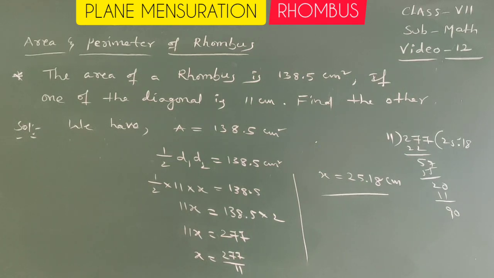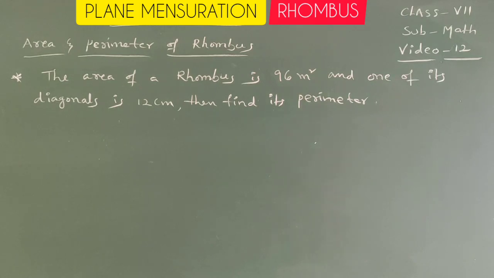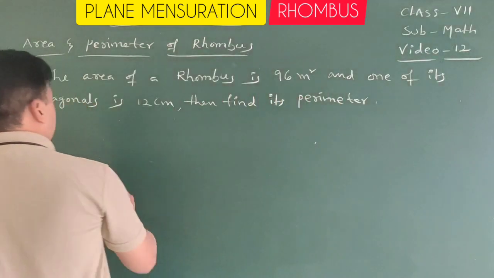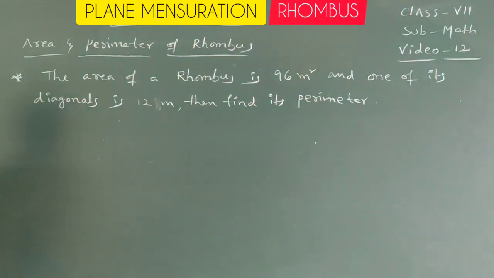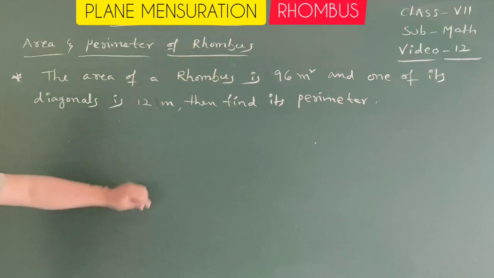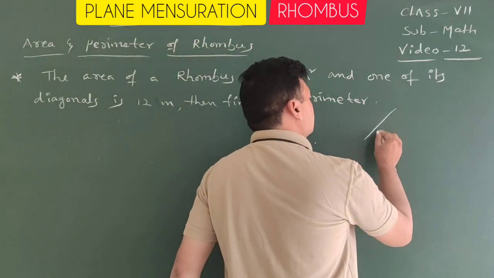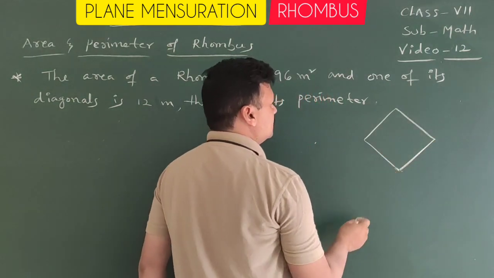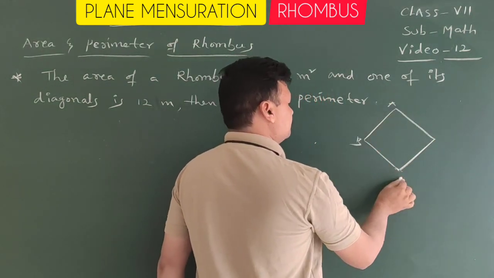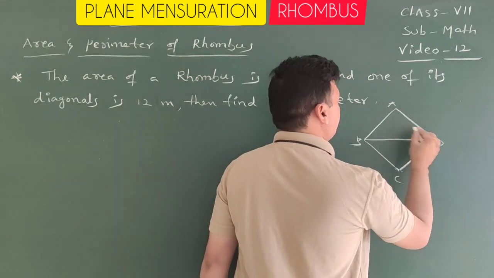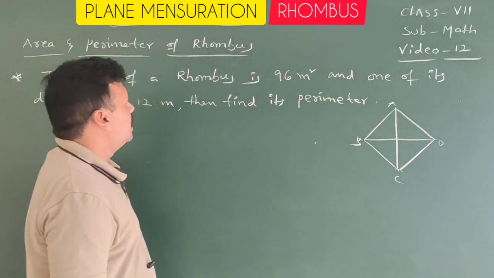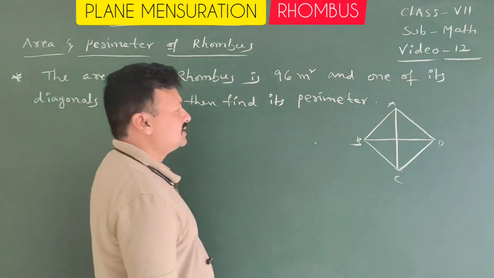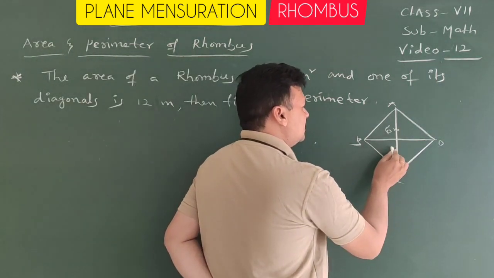Next, the area of a rhombus is 96 meters square and one of its diagonals is 12 meters. Then find its perimeter. One observation for the rhombus ABCD, one of the diagonals they gave is 12 meters, 12 means here 6 meters and here also 6 meters.